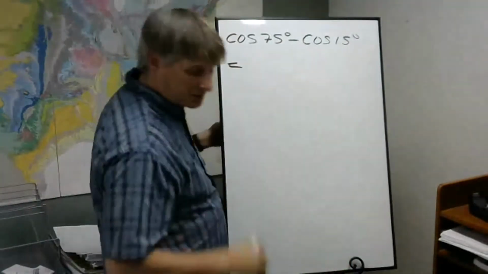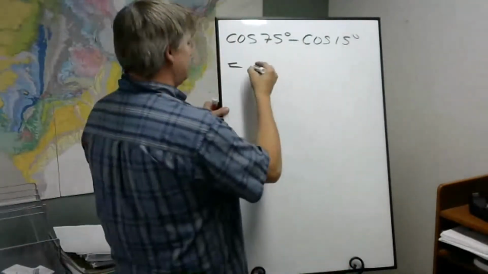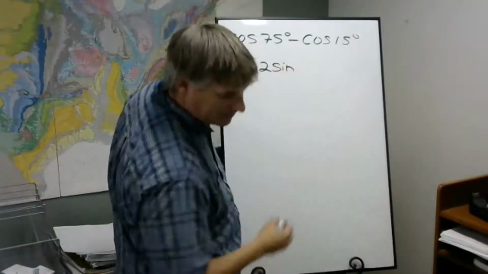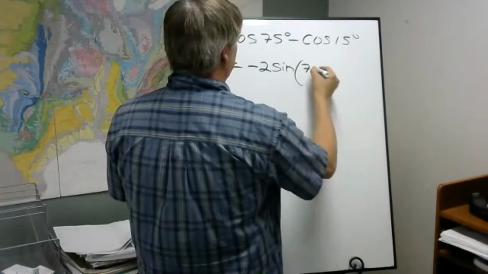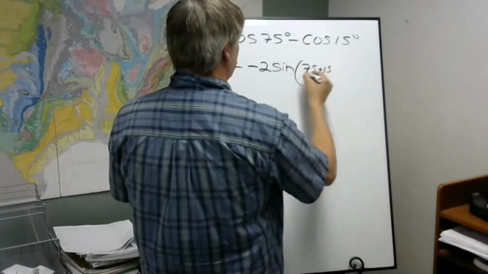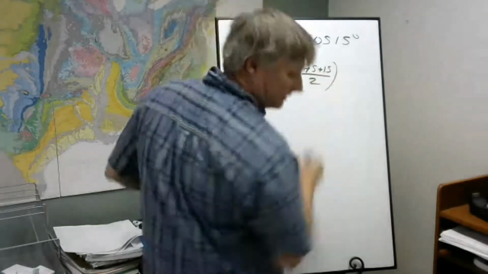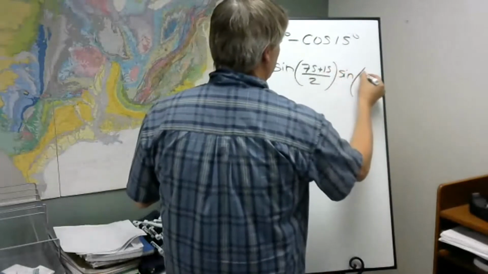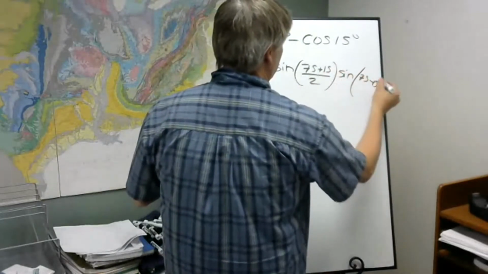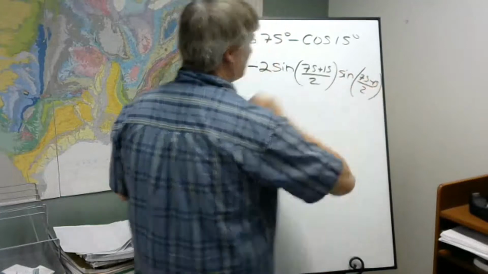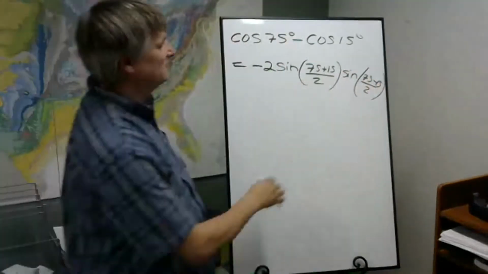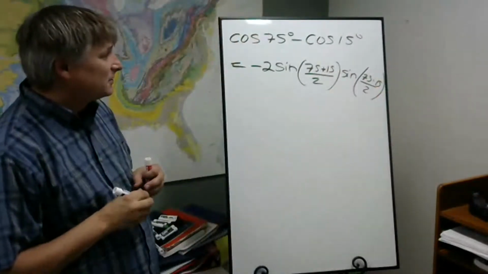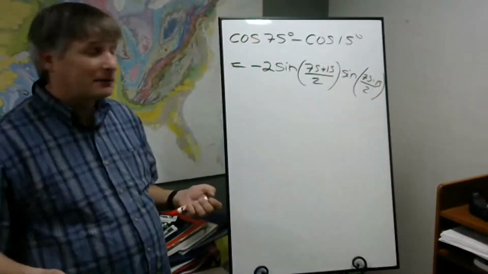The difference of cosines is -2 times the sine of the sum of the angles over 2, and then times the sine of the difference over 2. Watch the minus sign. So we're going to end up in familiar territory.